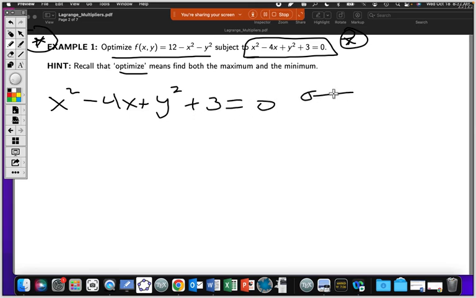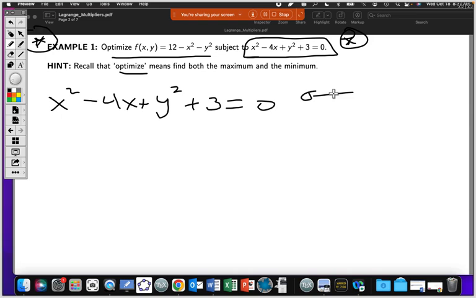No, not an S curve. So how many variables are squared? 2. Do they have the same or different coefficients? All right, so it's going to be a circle.